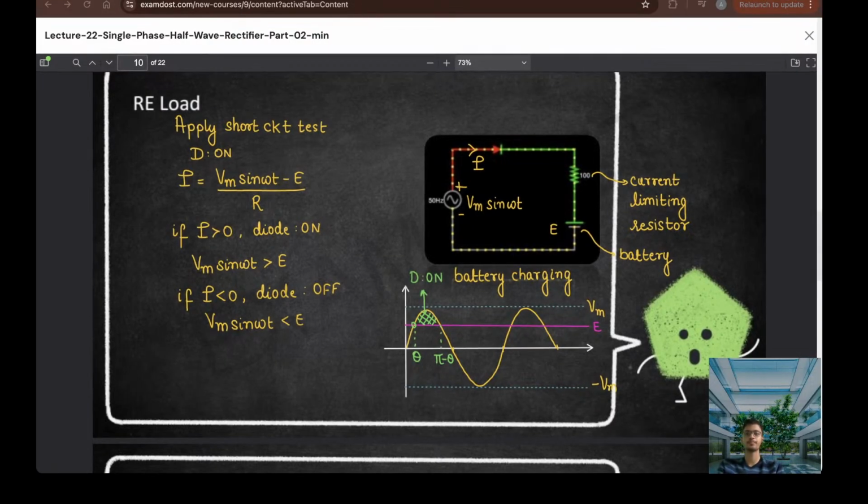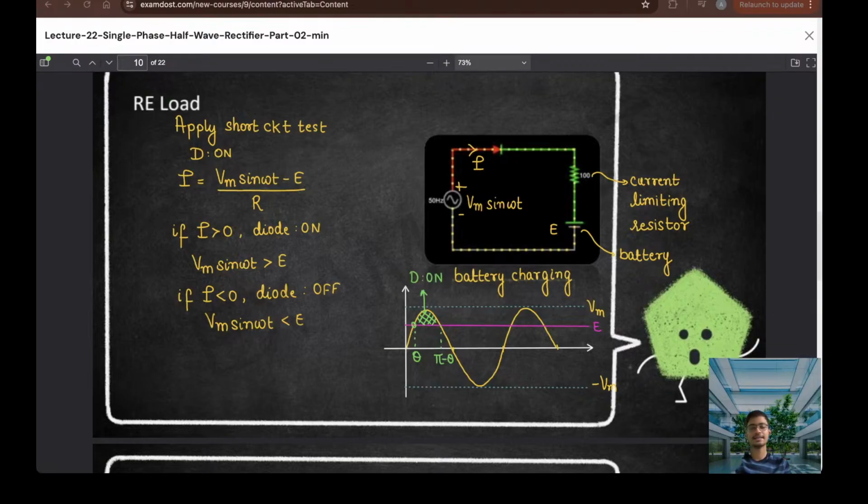Now the RE load, pretty simple and nice. For the RE load, we can do a short circuit test, that is D becomes short and the current would be Vm sin omega t minus E by R. If I is greater than 0, the diode is on, that means Vm sin omega t greater than E. If less than 0, that means Vm sin omega t less than E, it is off.